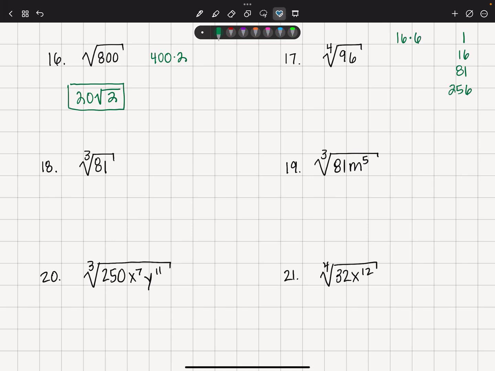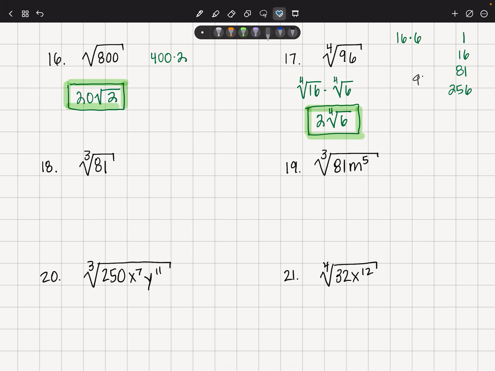It's 16 times 6. So this would be the fourth root of 16 times the fourth root of 6. And that's going to give us 2 times the fourth root of 6. But I will be extremely honest with you right now. I don't take the time to look for the perfect fourth power or fourth root.